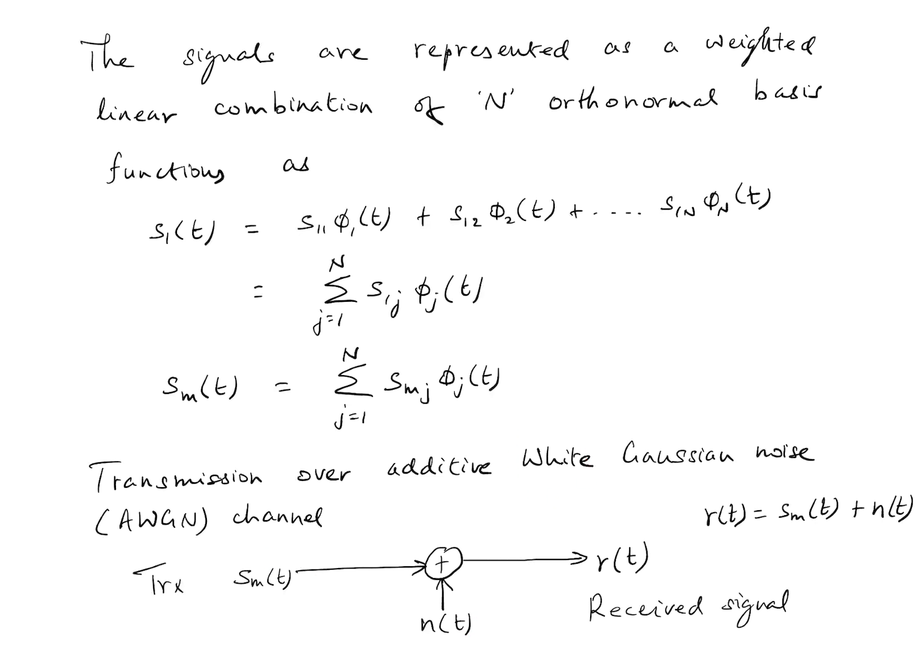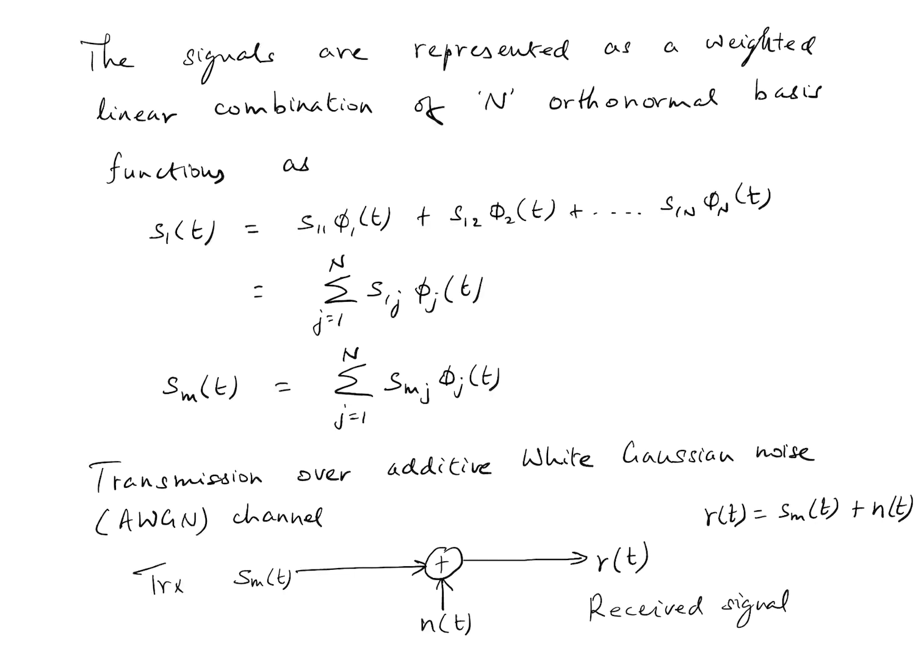By white we mean that the power spectral density of this noise is flat. That means it has a uniform power spectral density at all frequencies, and it is a random signal. So the noise is random with the Gaussian distribution, and it also has zero mean value. So the mean of this Gaussian distribution is 0.